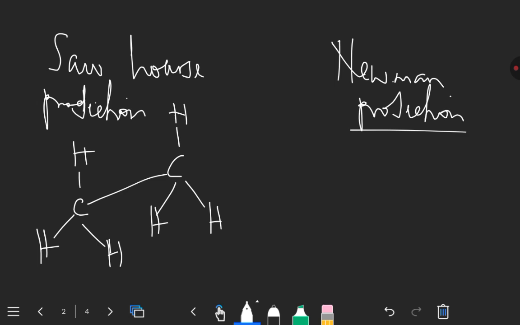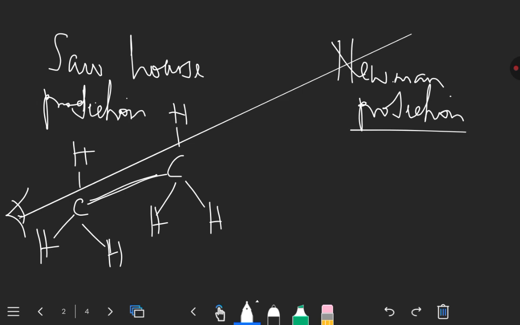One thing I need to understand here is that this hydrogen is obstructing that hydrogen. The same applies with this carbon, which is obstructing that carbon there, and with this hydrogen also obstructing that hydrogen. So in short, if I have to view this molecule through this bond, which is the carbon to carbon bond, I'll place my eye at this point, then I'm viewing through this bond.